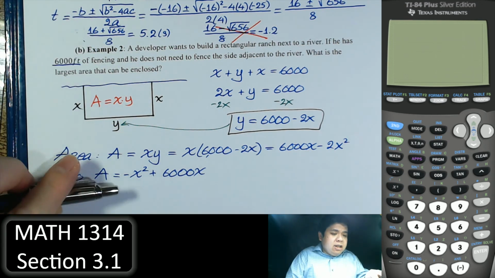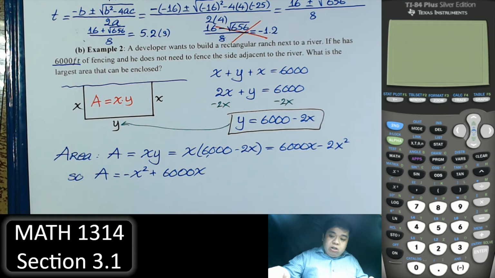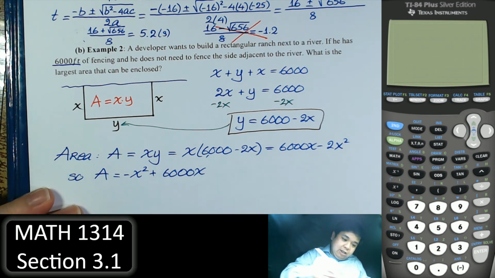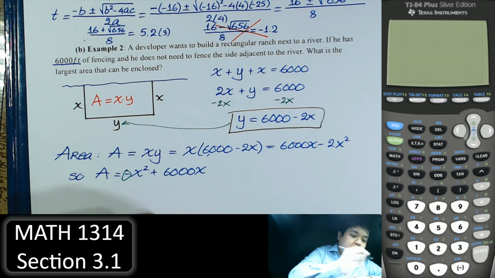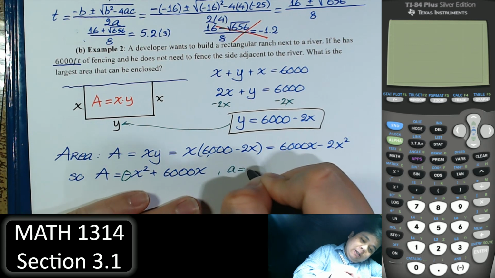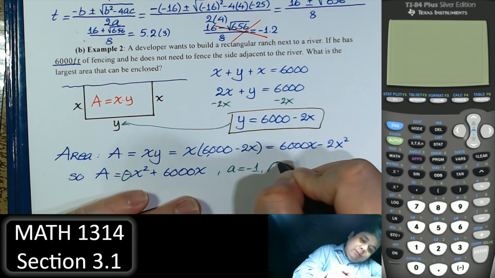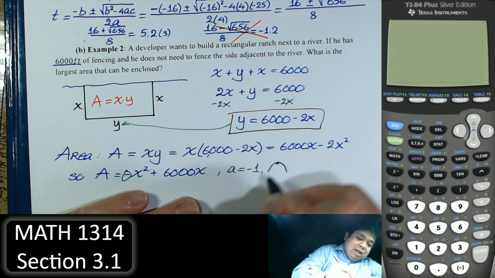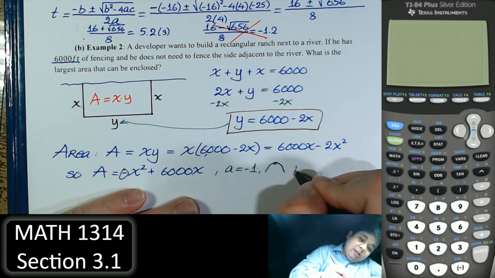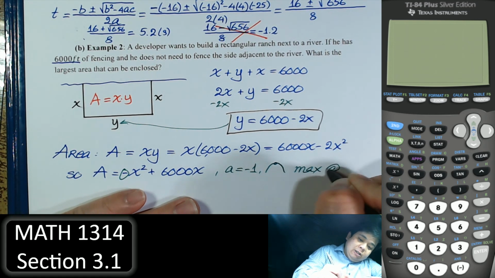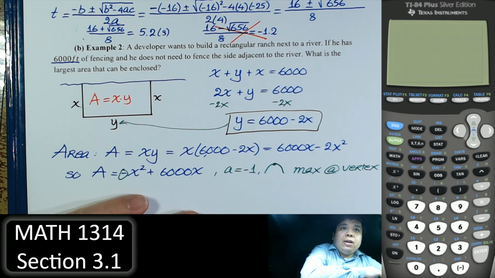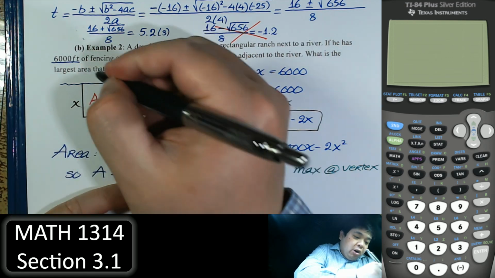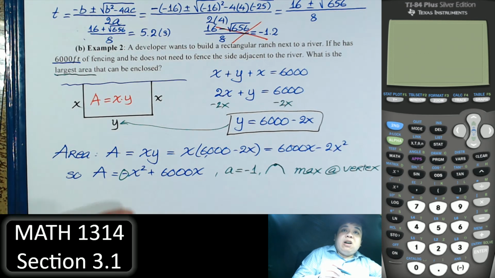Now, this is a quadratic function. A is negative, so it opens down, and there will be a maximum at the vertex. Since we want the largest area, we're just going to find the vertex.